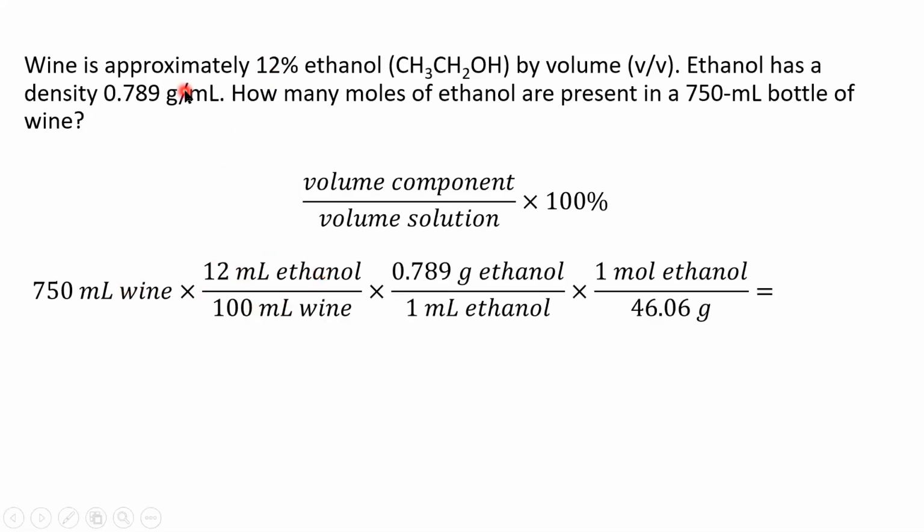Then we're going to use our density to go from milliliters of ethanol to grams of ethanol, because that's what the density tells us, how many grams there are per milliliter. So now we're at grams of ethanol, but the question wanted moles of ethanol. So we're going to convert from grams of ethanol to moles.